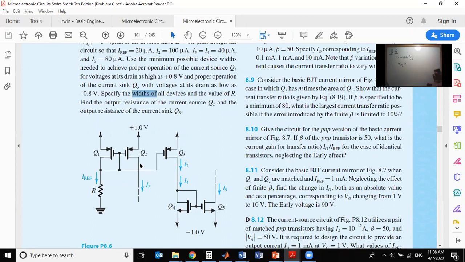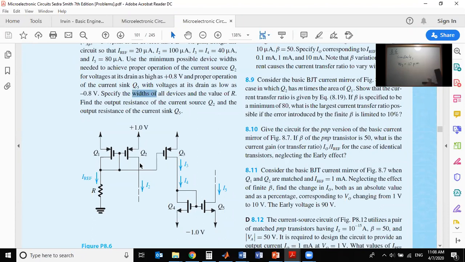So in that case, would it just be 2 times the 5 micrometers? Yes. So this is 10 micrometers, because you need to make a current source that's twice as large as the reference one. So assuming the lengths are the same for all transistors, the width has to be twice to generate twice as much current. Okay.